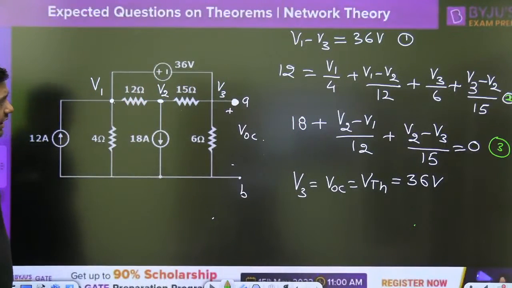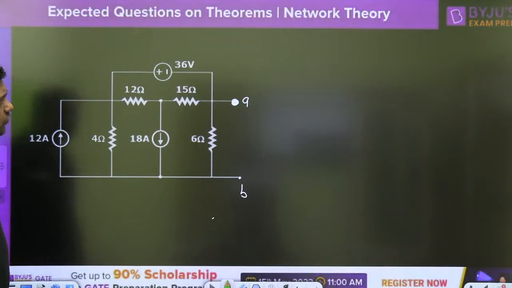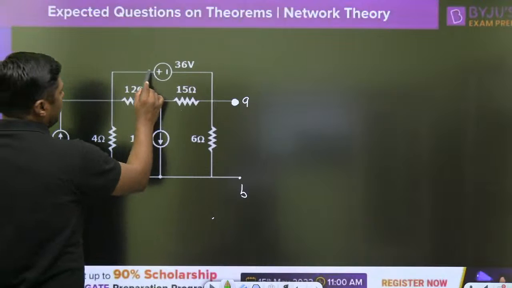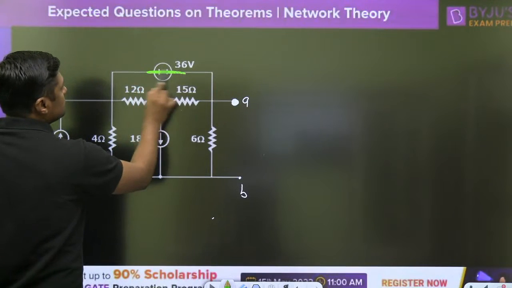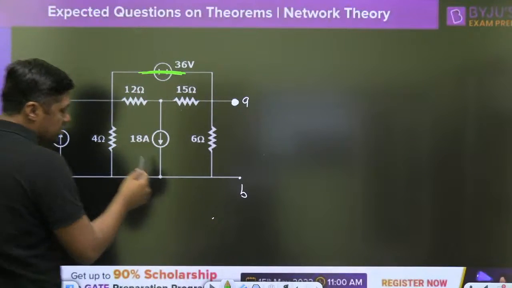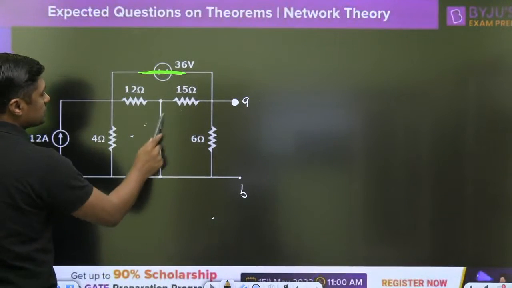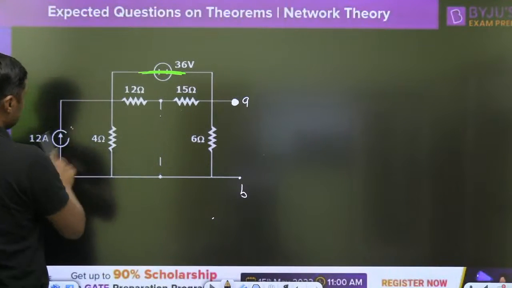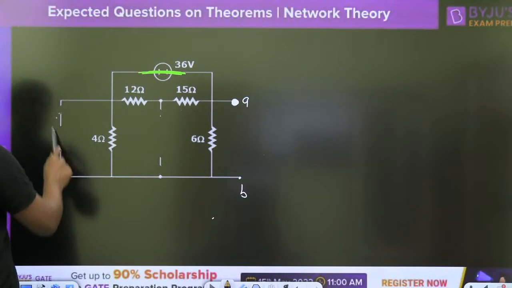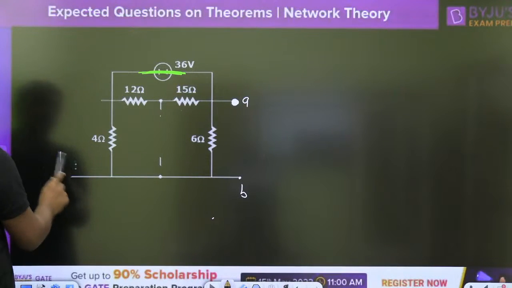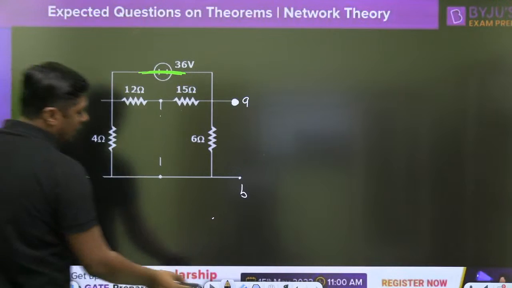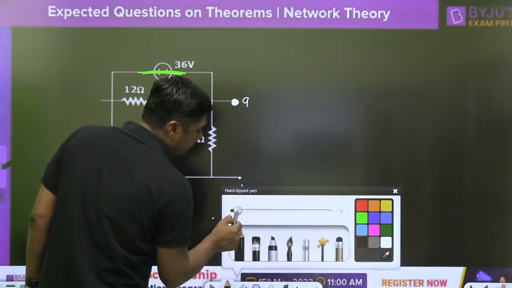Once you get the VTH, how to find the RTH? To find the RTH, first of all make the voltage source a short circuit. These two current sources will act as open circuits, so remove this current source and remove this current source. Very simple question.